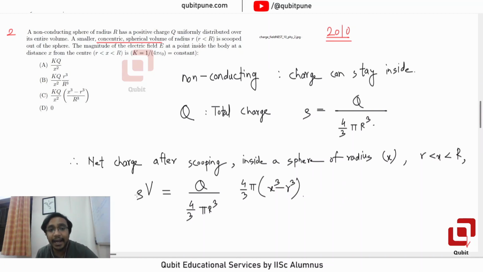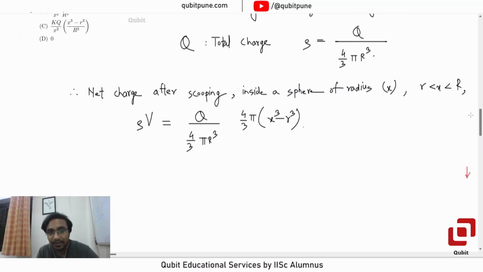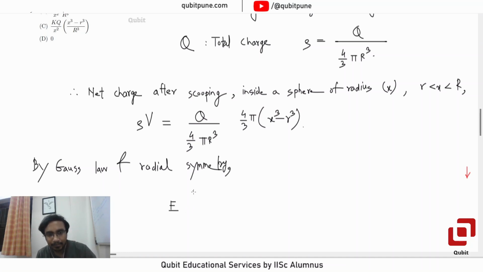And can we apply Gauss law? Yes. By Gauss law and radial symmetry, E into dA, the surface area of a sphere of radius x, is equal to rho V upon epsilon naught.